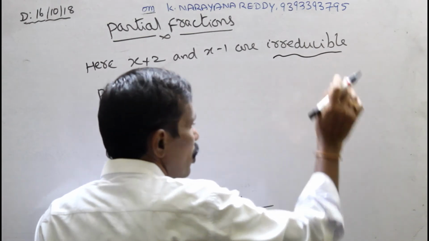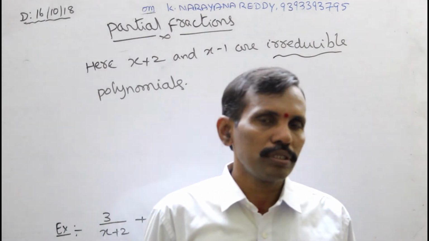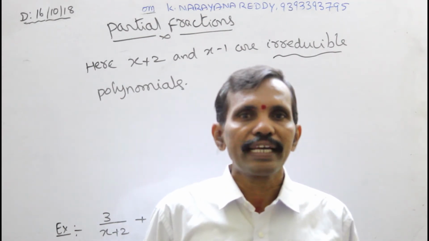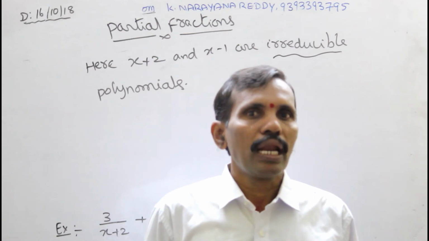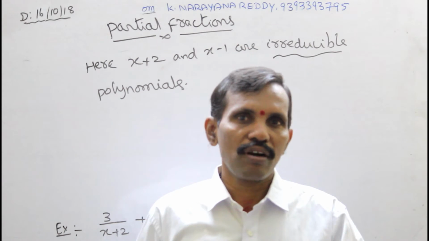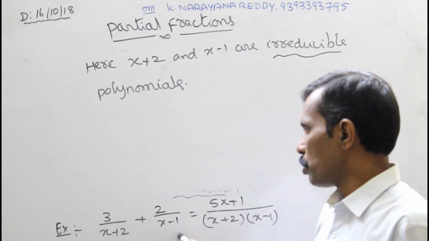That means we can't reduce them further. This type of polynomial is called an irreducible polynomial. That means we can't express the polynomial as a product of two or more polynomials. Okay, these two are irreducible polynomials.